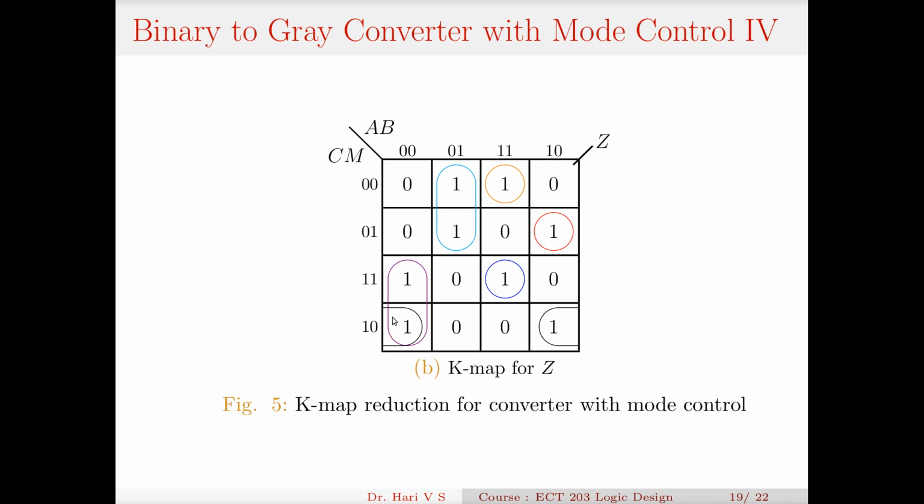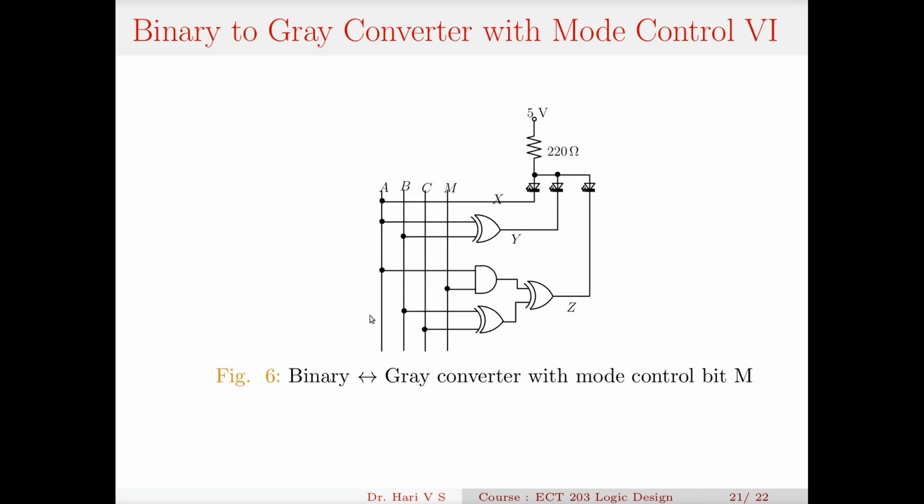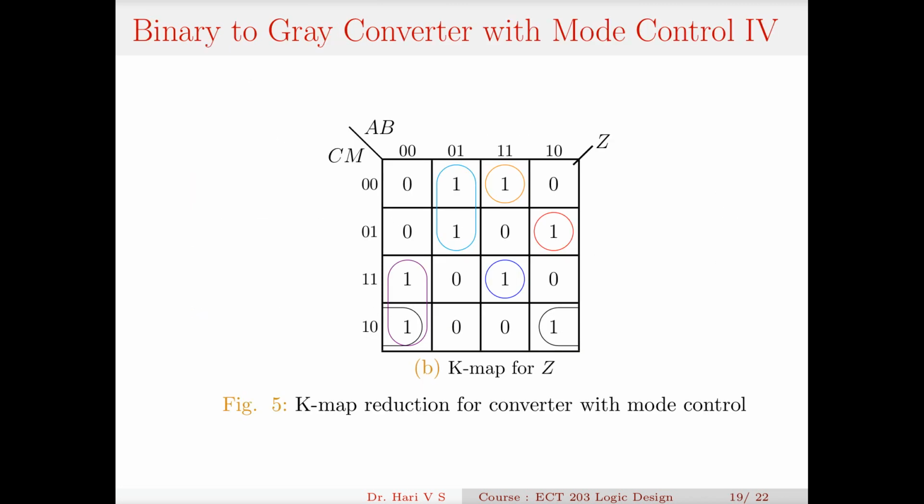If I come to this pair, this one and this, what is that? That is C M complement, C M bar B bar. Now I have three singles, which is nothing but C bar, M bar, A bar, B bar.